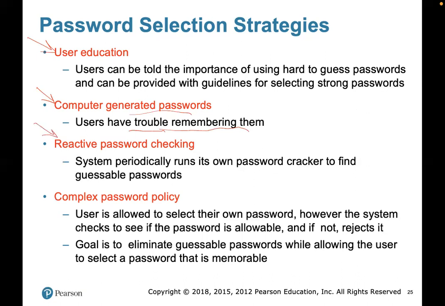Another strategy is the use of reactive password checking. Reactive password checking means that the system or the server checks the password file and tries to find those passwords which are guessable, which are easy for guessing, and then asks the user to change them.